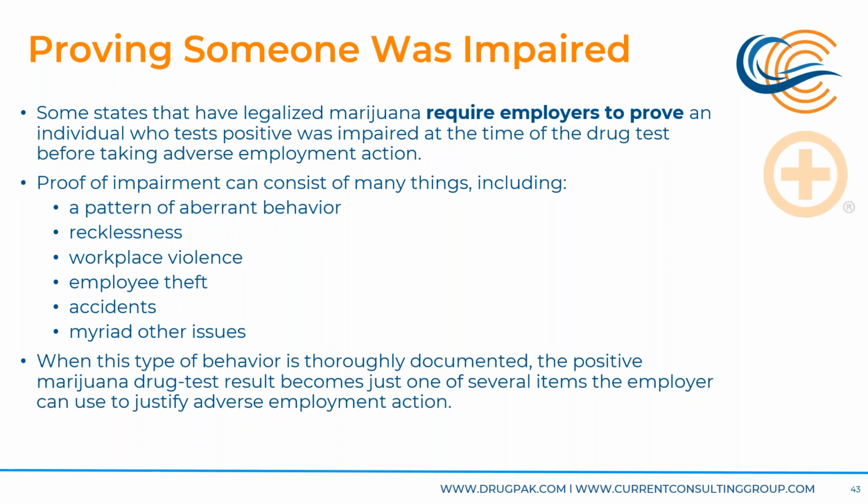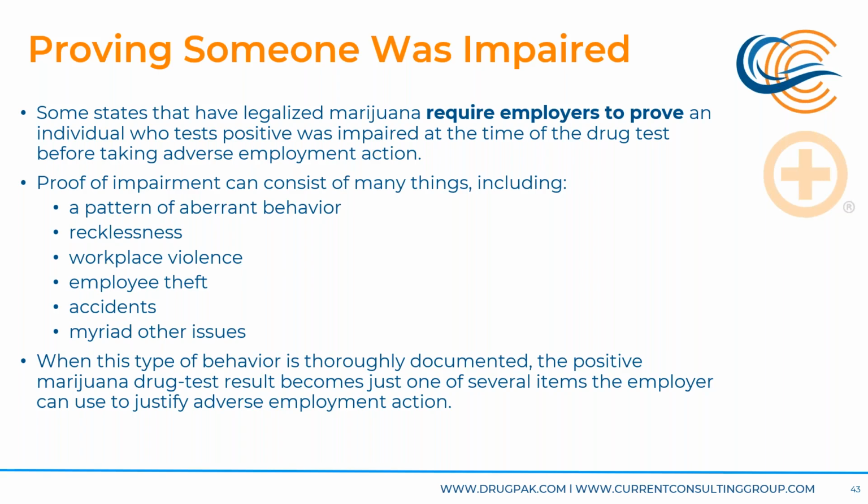Some states, as I mentioned earlier, require some additional evidence that an individual may have been impaired at the time of an accident or at the time that they tested positive for marijuana, in addition to the positive drug test result. So a pattern of aberrant behavior, recklessness, workplace violence, etc., documented by your supervisors, in addition to a positive drug test result, or a non-drug test impairment exam that concludes that the individual is impaired.